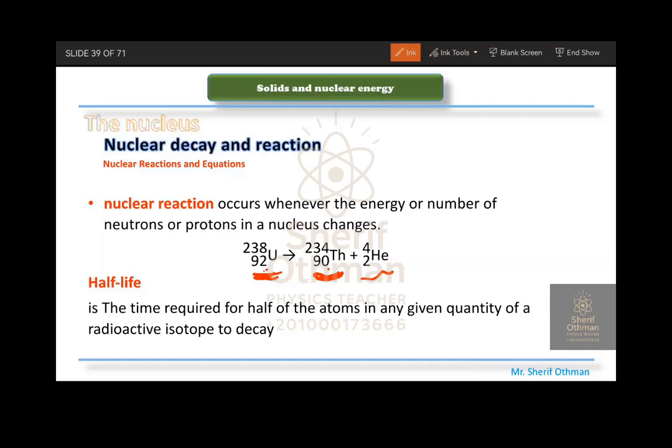The atomic number was 92 and became 90. If we add these numbers, 2 plus 90 gives 92, and 4 plus 234 gives 238. So this substance makes the decay by itself, spontaneously, without any interaction from humans.